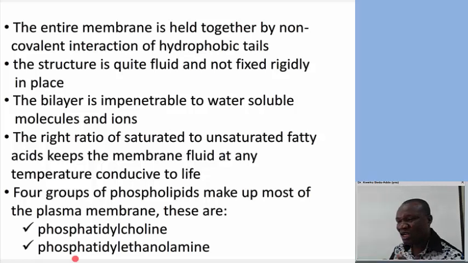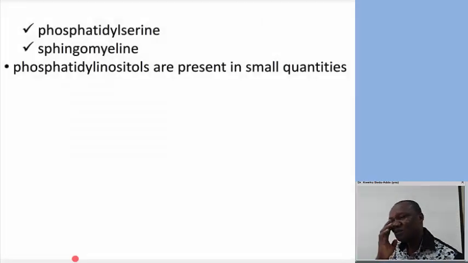These are the major phospholipids. In addition to these, there is one that occurs in very little quantities, but is very significant in cellular transduction. These are the phosphatidyl inositols. They are also present in the lipid bilayer.